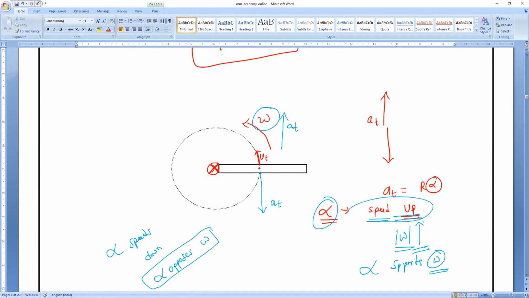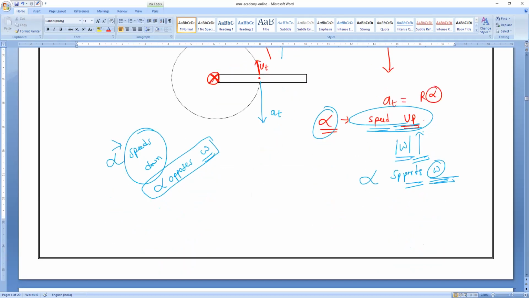If speed increases, alpha supports omega, the angular velocity. If alpha slows down, alpha will oppose omega. If alpha speeds up, alpha will support omega. Clear, everybody?